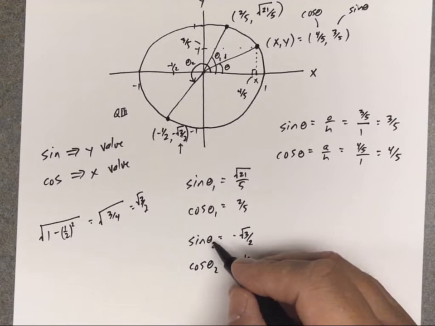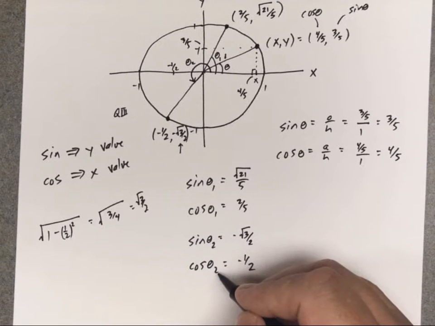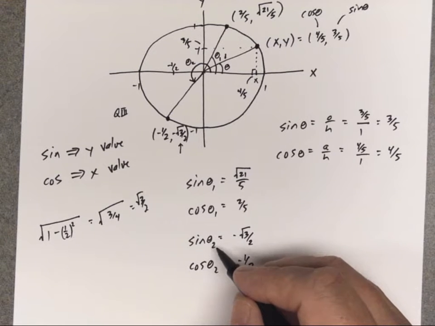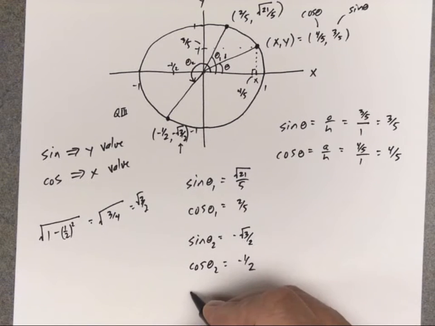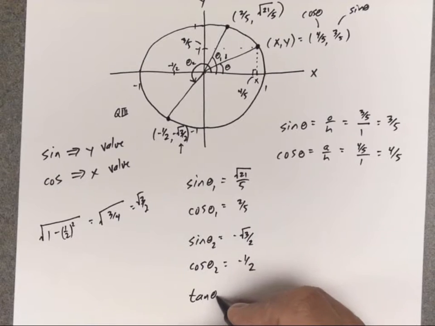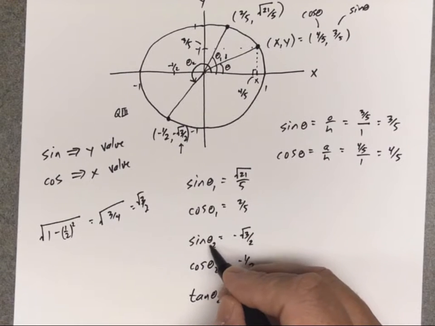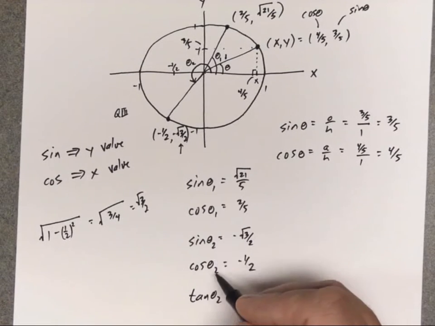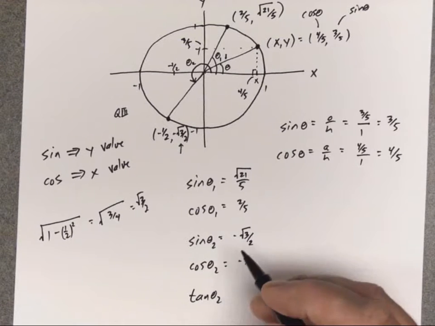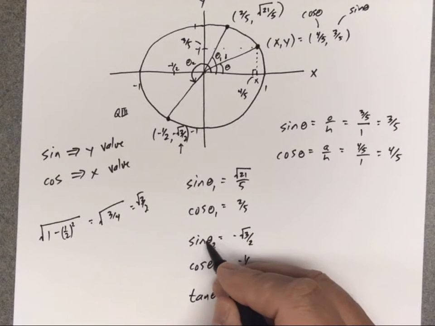Once you have the sine and cosine, you can figure out all the rest of the trig functions. So for this angle theta 2, I'm going to get all the trig functions. I've already gotten the sine and the cosine.